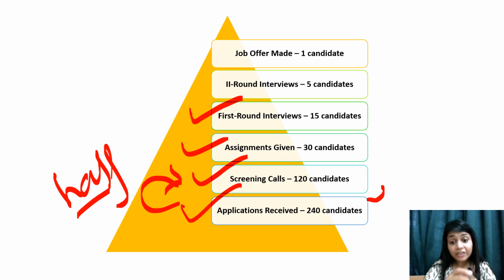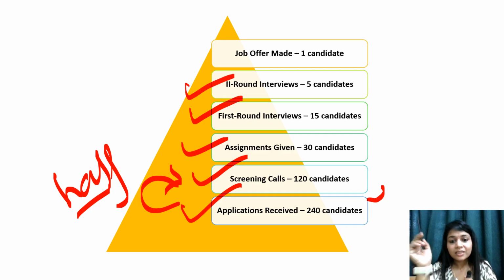Then let's talk about the first round interview. Only 15 were there. Only half of those who submitted the assignment were selected for interview. So this is again 50%, showing that the assignment stage is a strong eliminator.